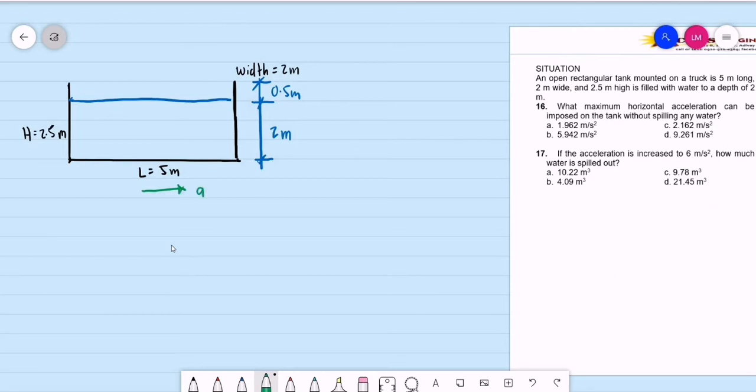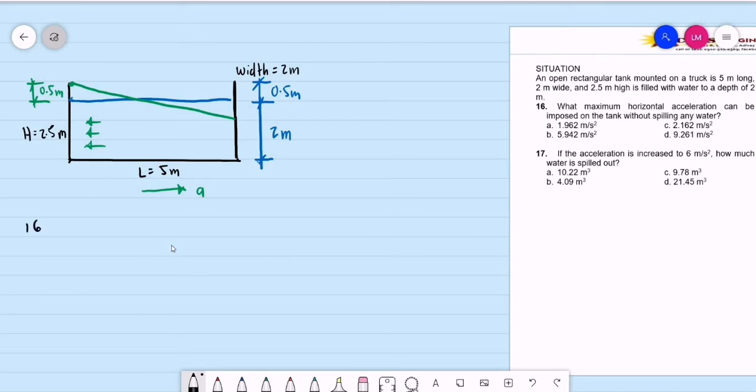The water will be compressed at the back or on the left side of this tank. So what will happen to the liquid surface without spilling? So we assume that the water will only reach the opening of the tank. Or basically, we will be having a rise of liquid surface at the back, which is equal to 0.5 meter.